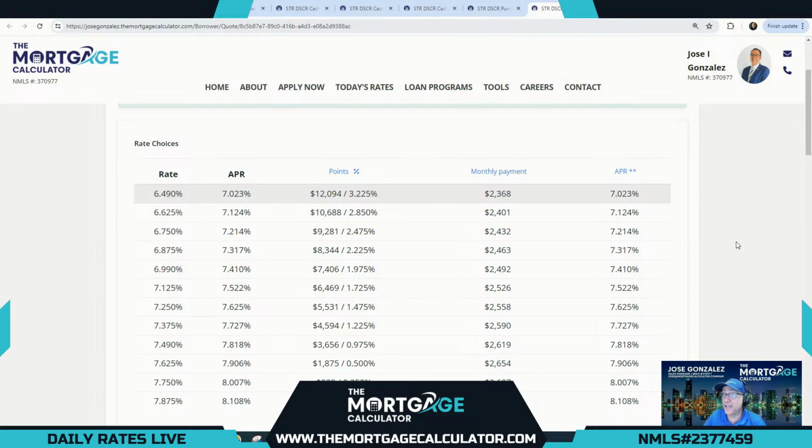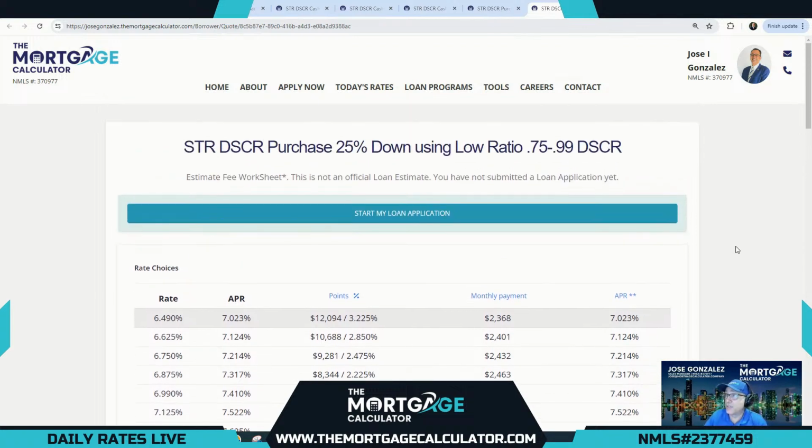And you can buy that down all the way to 6.49. The only catch here is basically 25% down payment. So if they have the 25% down payment, there is no reason that they should not be purchasing this property or refinancing, whatever may be the case.